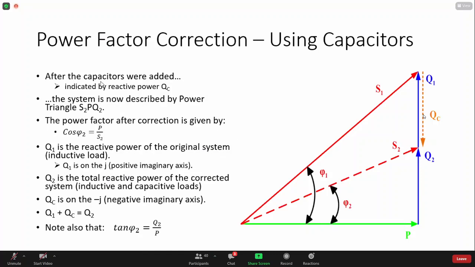Right? So QC here is indicating that some capacitive reactance was added. Right? Reactive power due to the capacitor was added. All right.